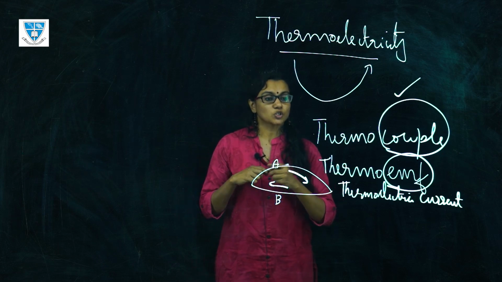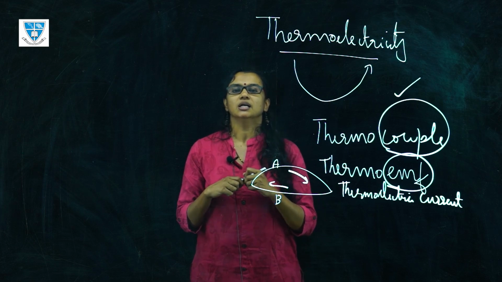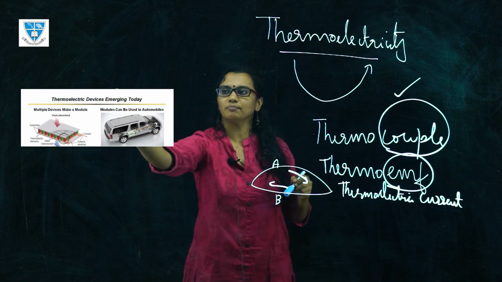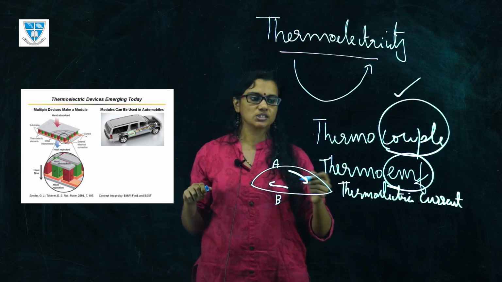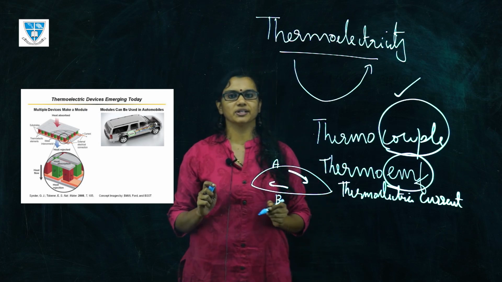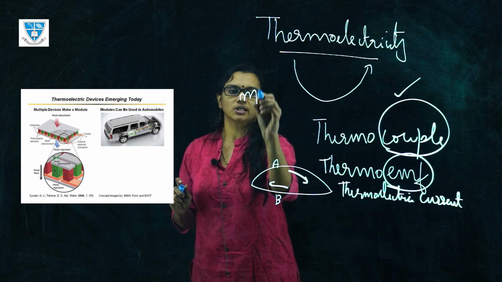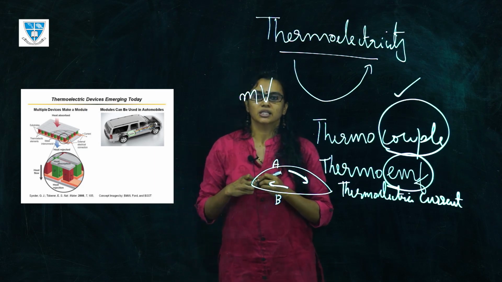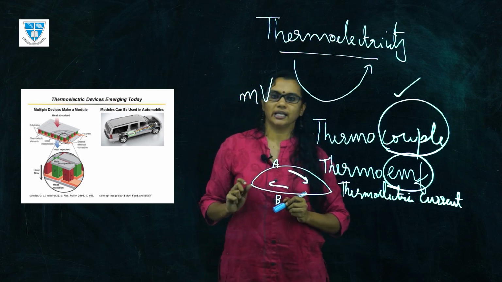The importance of this thermo-EMF or thermoelectric current is that it is widely used in current technology, because the thermo-EMF generated by the difference in temperature is of the order of millivolts, which is a very small voltage, very adaptable to current electronics.